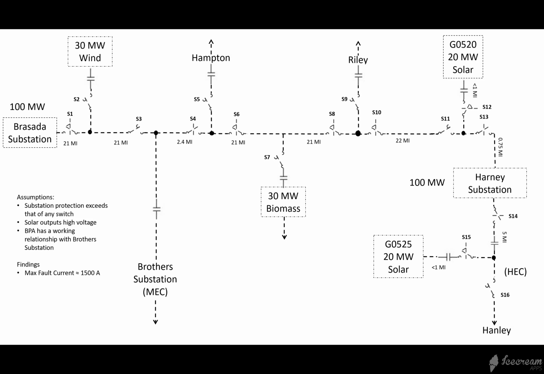My main finding was that the max fault current was 1,500 amps, and that was calculated by adding all the power from all the sources together and assuming that all of it was diverted down a single line, and then performing a simple power calculation, and you would get 1,500 amps.